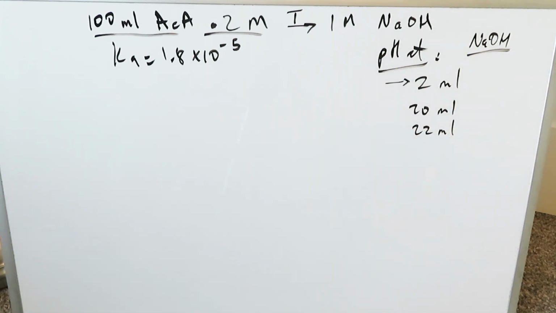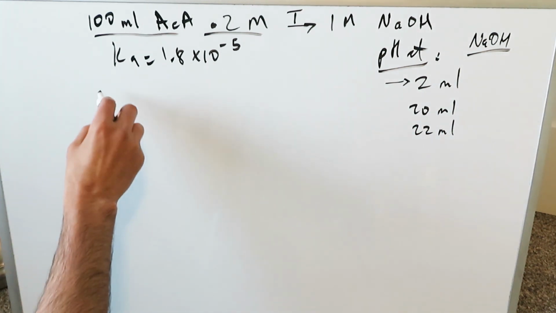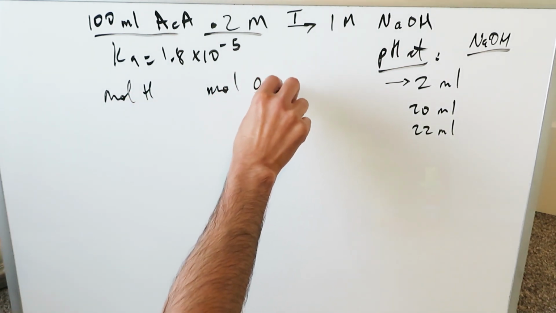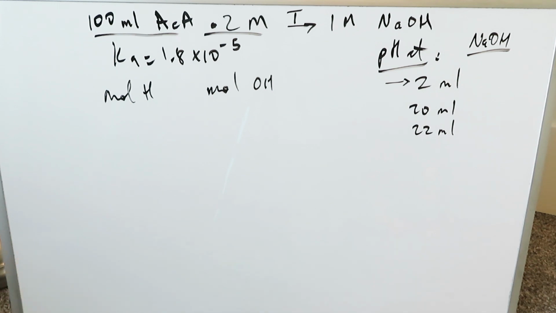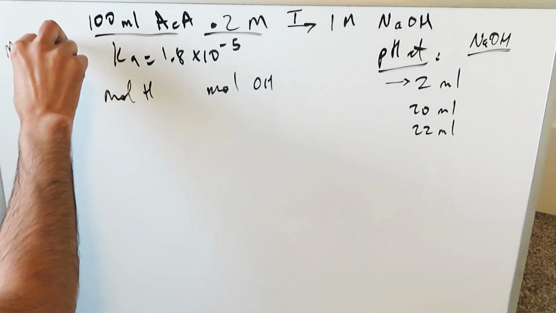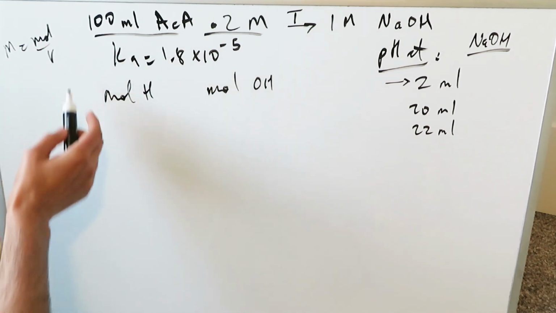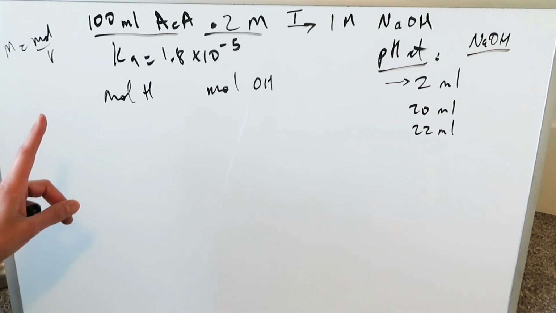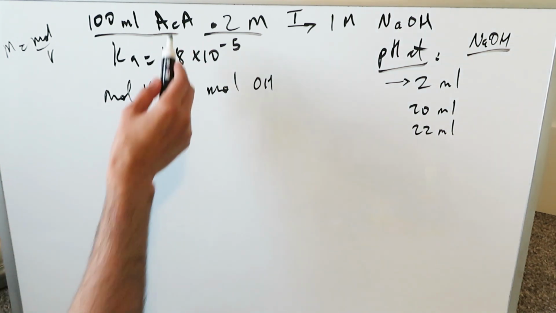Now when you're looking at that, the very first thing you want to do is compare your moles of acid to your moles of base, because that will tell you how everything will play out. Everything has to be converted into moles. Molarity is equal to moles over volume, so moles is equal to MV. Convert everything into liters. I have 100 milliliters, which is 0.1 liter, times 0.2 molar of weak acid.